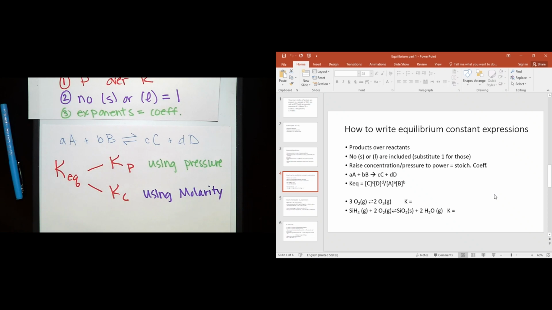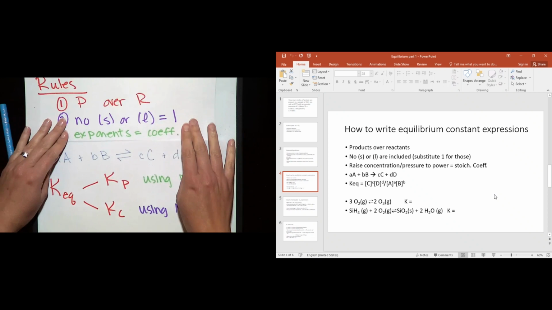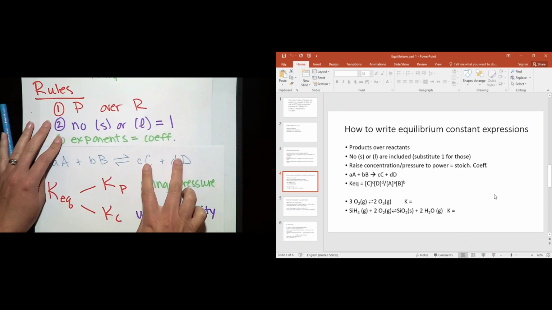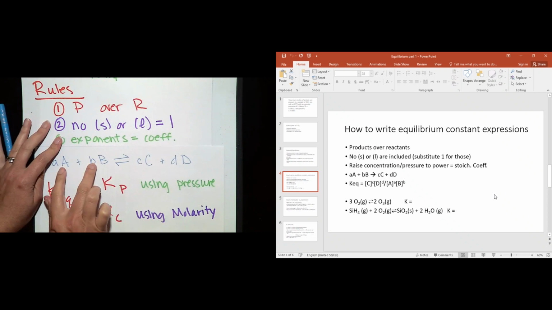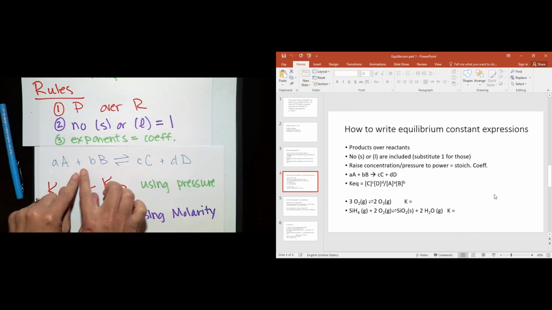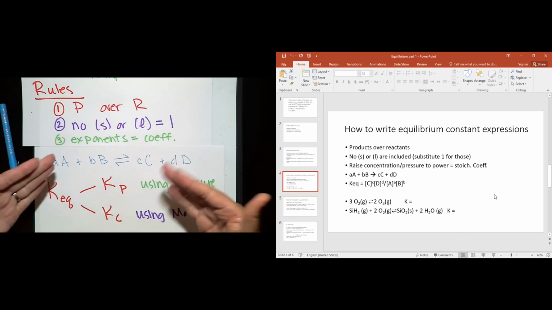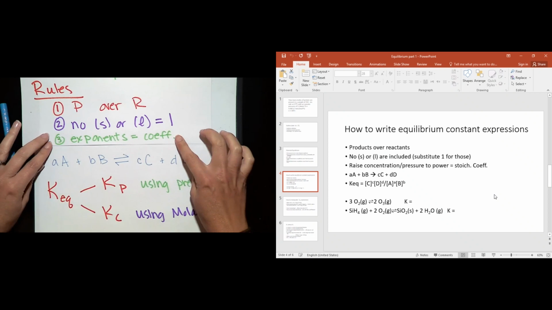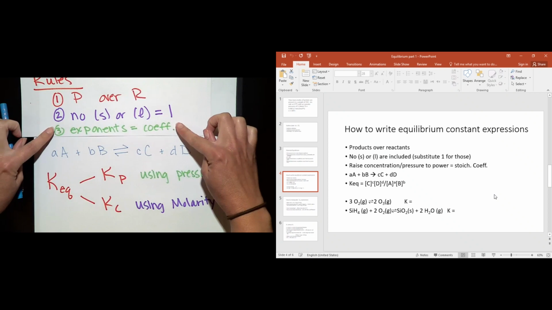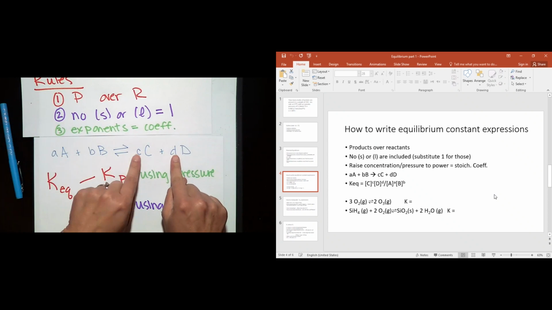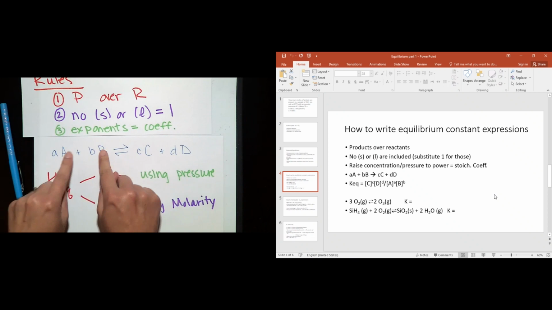It's set up exactly the same way. All right, so let's go back to our rules. Products are going to be on the top. Reactants are going to be on the bottom. These aren't designated solids or liquids, so I can assume they're all in the expression. It's just a generic example. And then my exponents are the coefficients. So these coefficients become exponents.